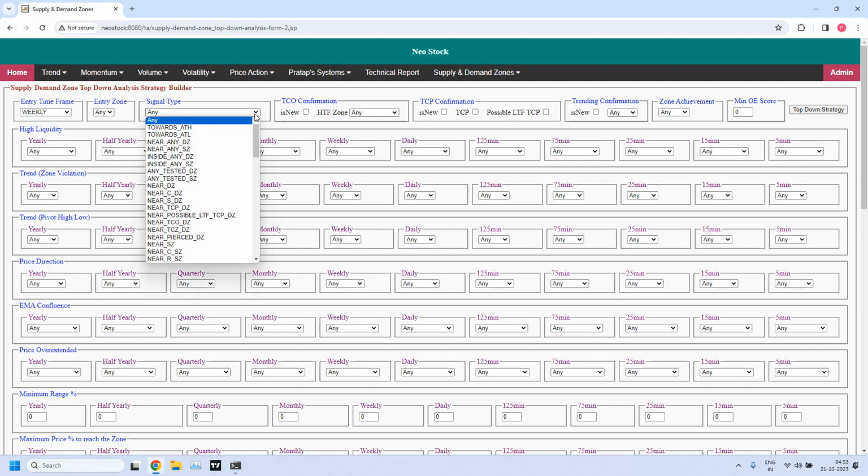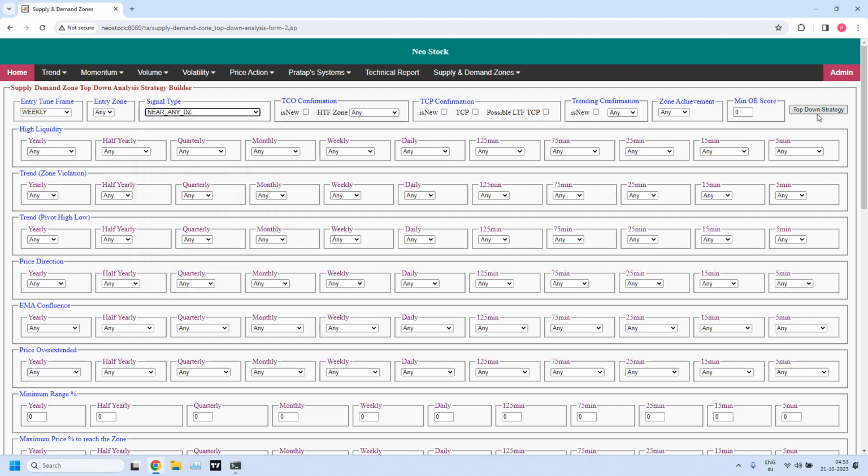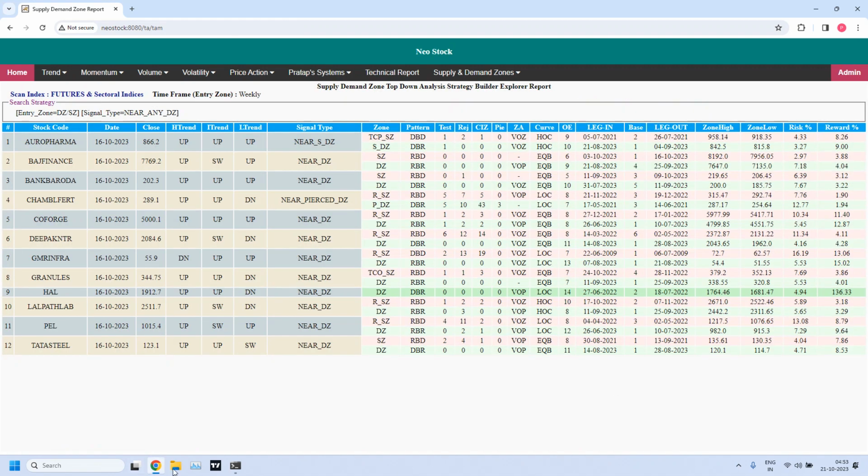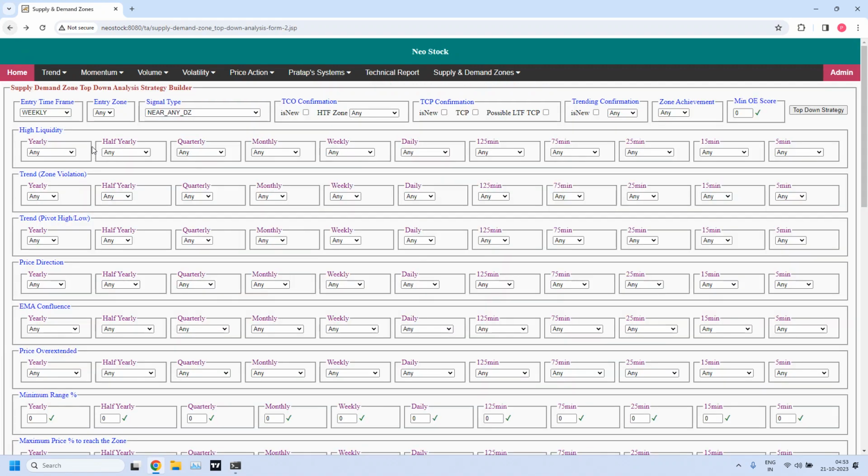So let us find the stocks which are near to the weekly demand zone. So these 12 stocks are near to the weekly demand zone. So let's go back.